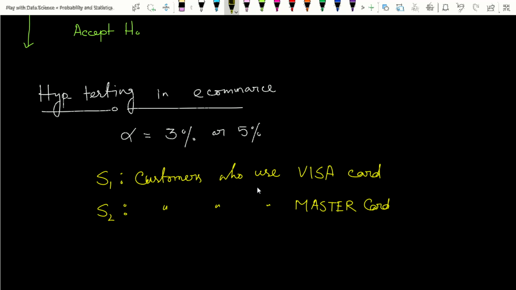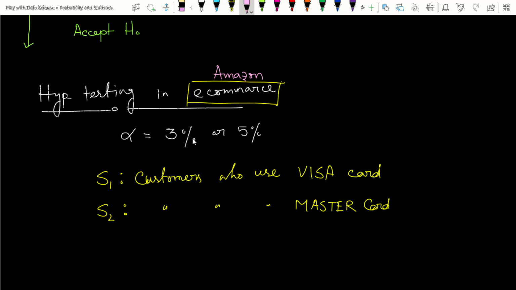Now our claim is: who will use e-commerce more, the visa card users or the mastercard users? If we go more specific, I think it will be better. Suppose let's take Amazon India. We want to get the answer to which kind of users use the e-commerce website most, the visa card users or mastercard users.